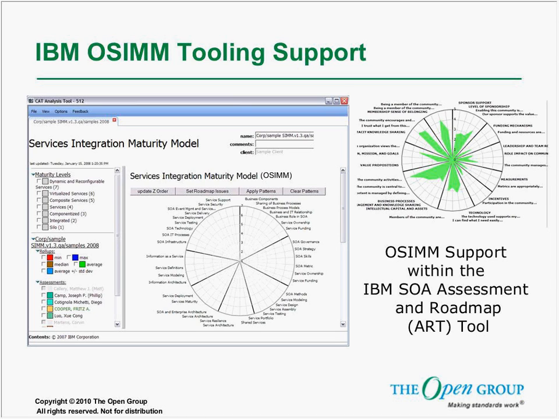All those organizations are certainly approaching modernization in different ways, but we have an OSIMM assessment tool we call ART, which is the SOA Assessment and Roadmap tool, and it helps us gather all of the information, go through the assessment process, and then effectively visualize the results of the OSIMM assessment when we're working with customers.